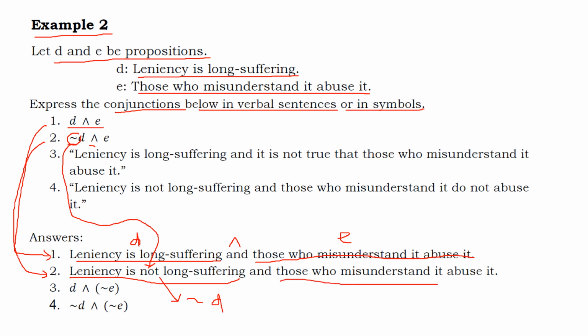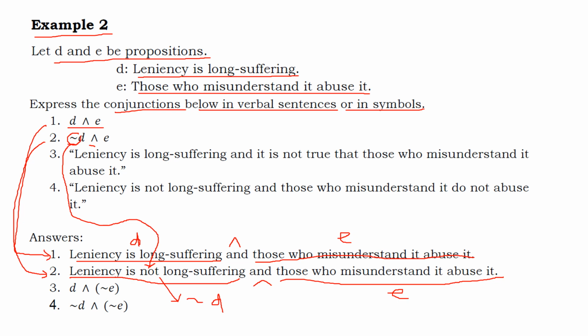Then next, there is no negation in your proposition E. That's why we copy your proposition E. So this will be your E, and this will be your conjunction. That's why if we're asked to convert these symbols to words, then we simply assess first what logical connectors are being used.